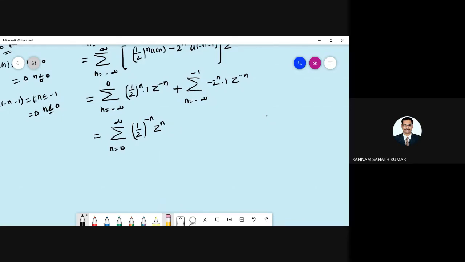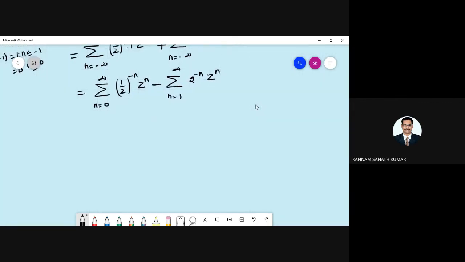Summation n equal to 1 to infinity, as in the last problem I gave, it becomes 2 power minus n and this becomes plus. Therefore n becomes minus n and here minus n becomes n.